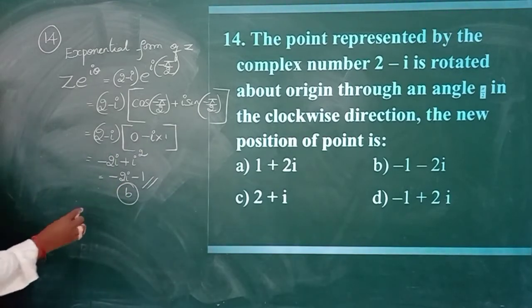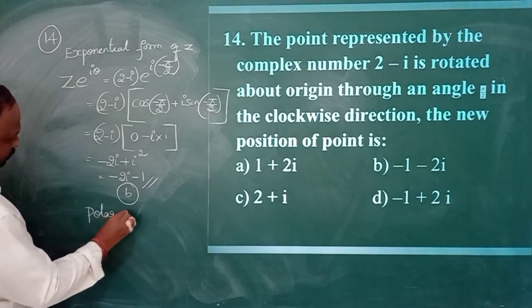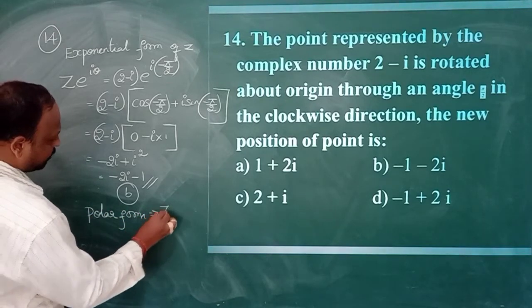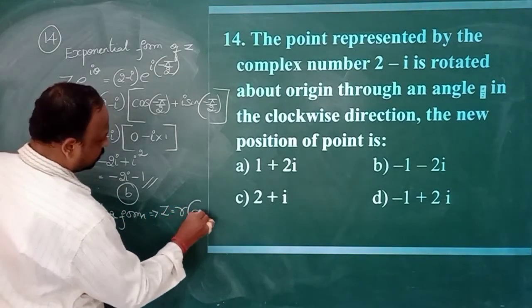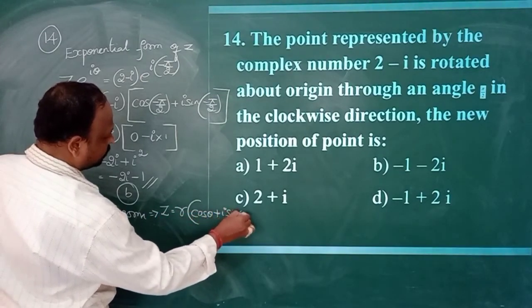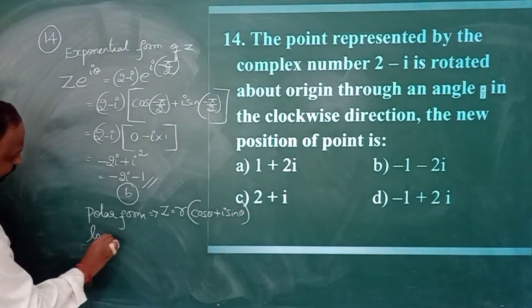And we have two more formulas. Polar form of a complex number is given by z is equal to r into cos theta plus i sin theta. Polar form and logarithmic form.